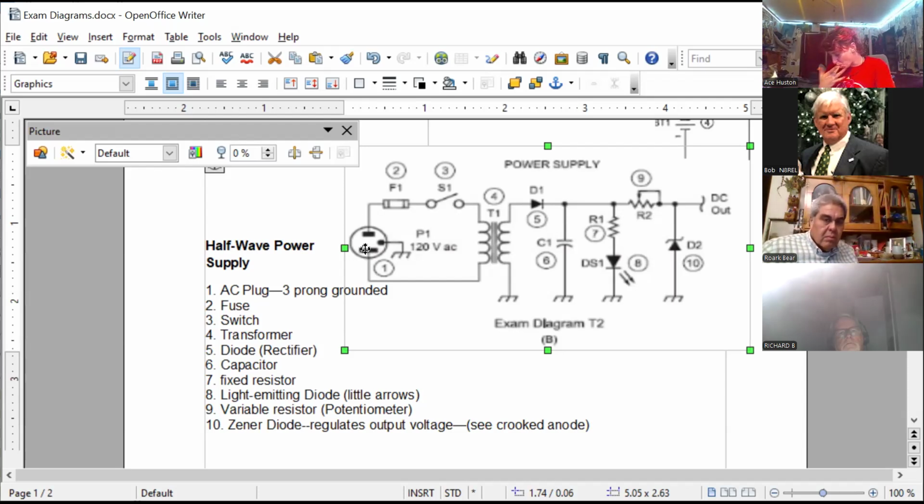The white wire is the common or neutral, and the green wire or bare wire is ground. You can see this little fork type thing. It means the chassis ground. You see it all around here. It's all grounded to the chassis or to a common wire.